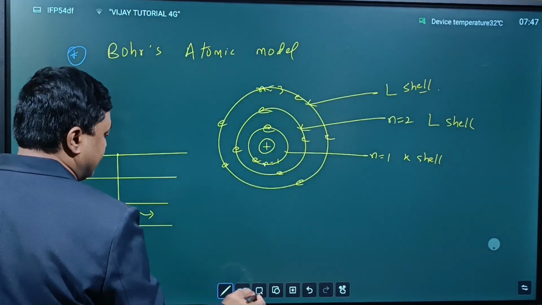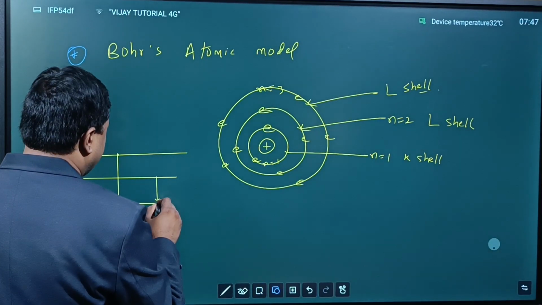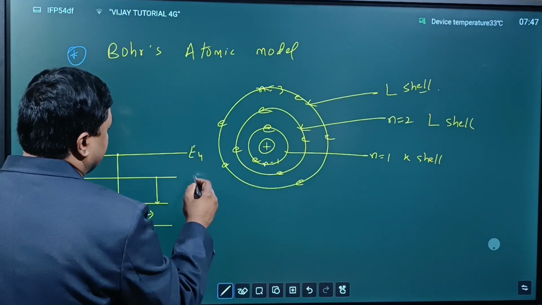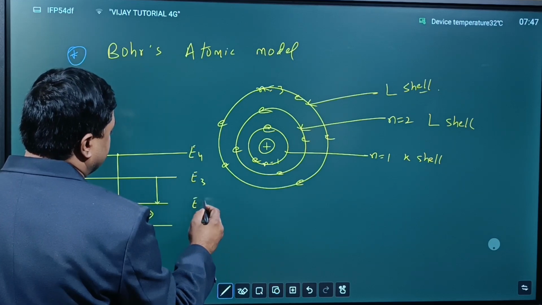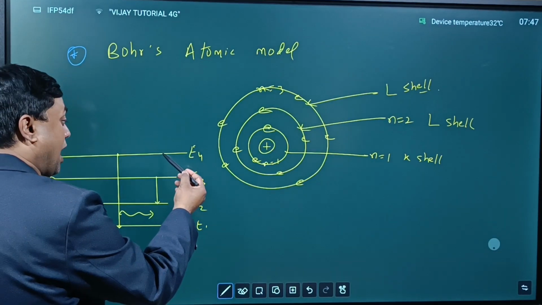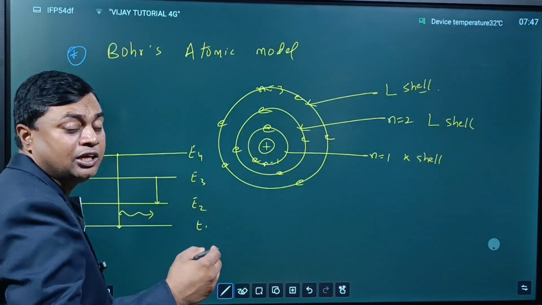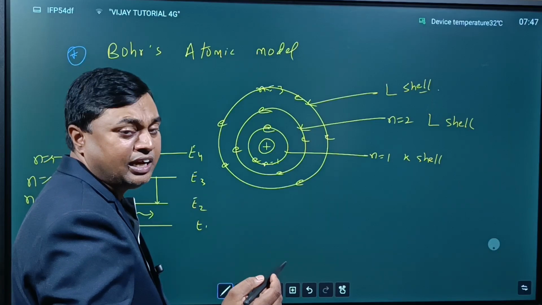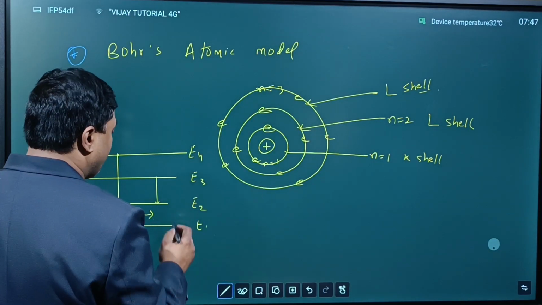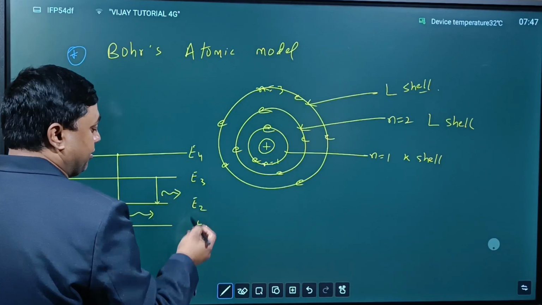Similarly, whenever it comes from third to second, this is the energy E4, this is E3, the energy of the second shell is E2, and E1. Whenever it moves from higher energy to lower energy, it radiates energy, in the form of a photon, so light energy will come.